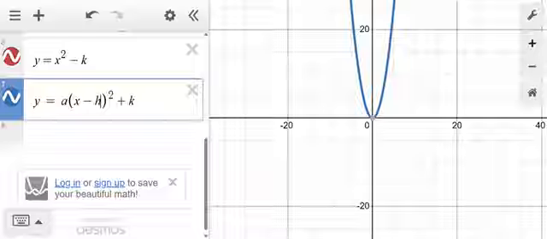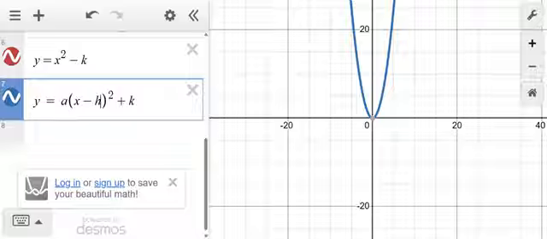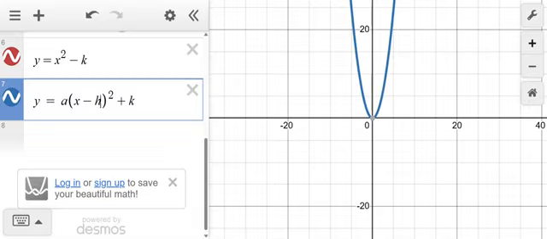We've got our A, our H, our K. We're saying plus K, but we're saying minus H. So in the formula, this minus is supposed to be there. It doesn't say this means our H is negative. It's saying this is your H, and there's a minus in front of it. Let's break down how that affects our parabola moving left or right.